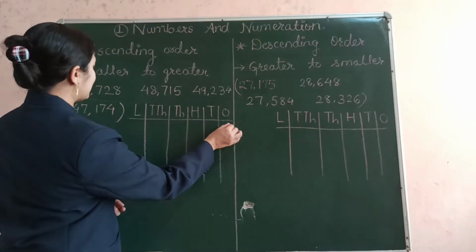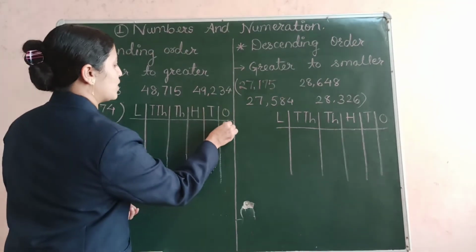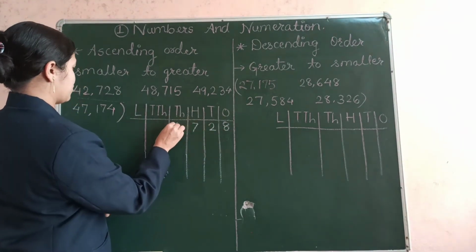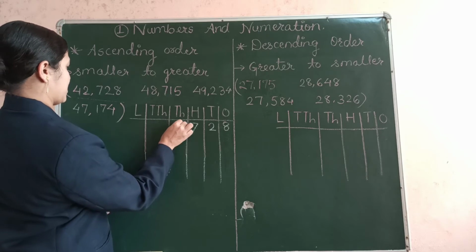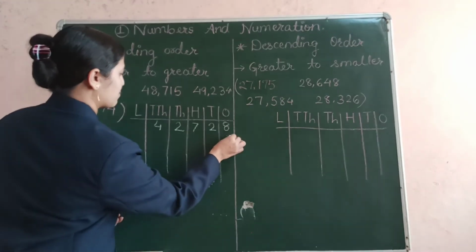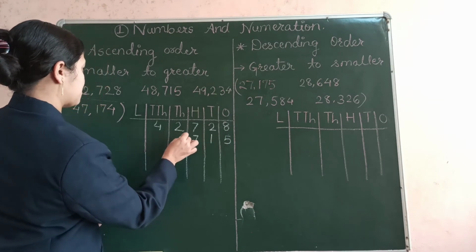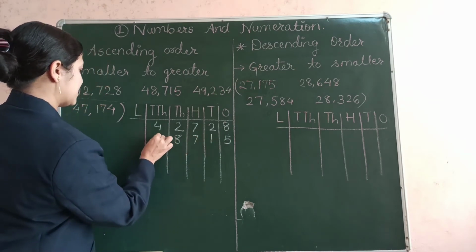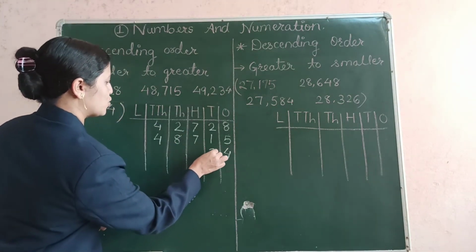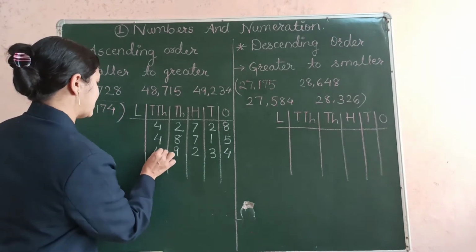I will start from the right side and put the digit in the ones place, then tens place, hundreds place, thousands place and 10,000s place. For the next number I will do the same thing, and again for the next, from ones place to 10,000s place.